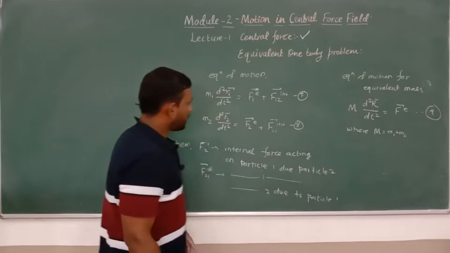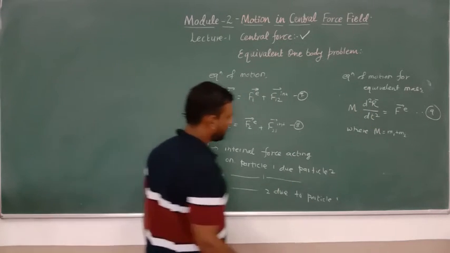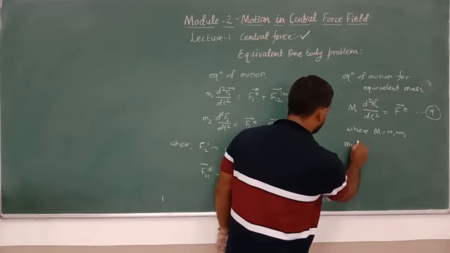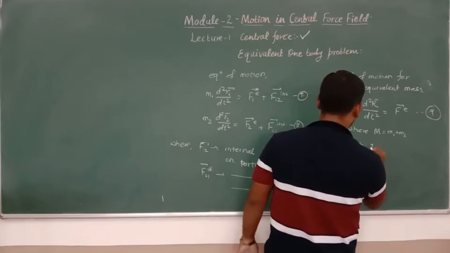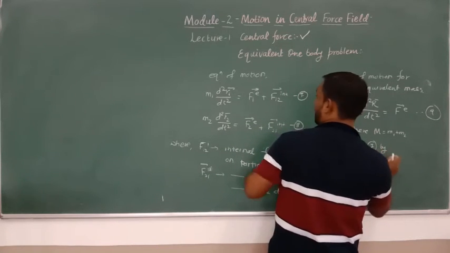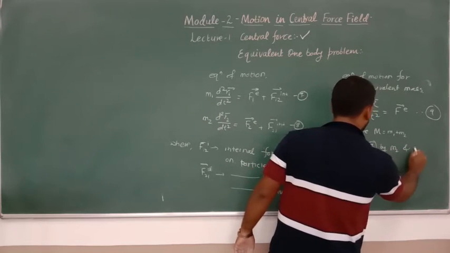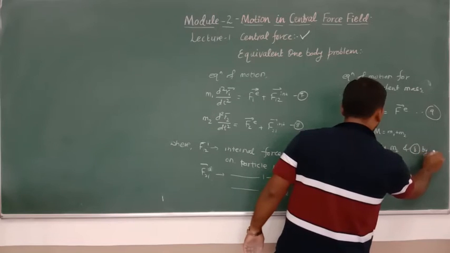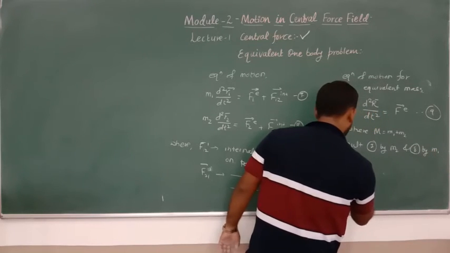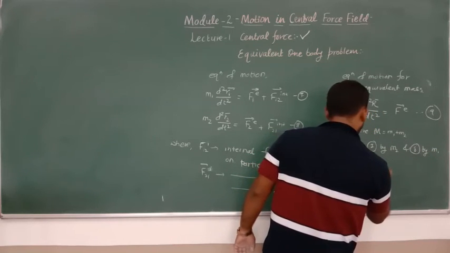Okay, suppose we multiply equation 7 by m2 and equation 8 by m1 and subtract.